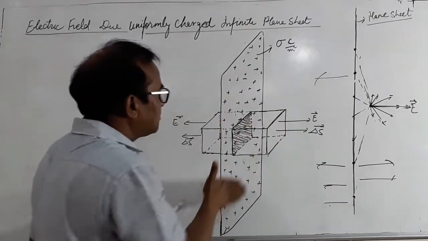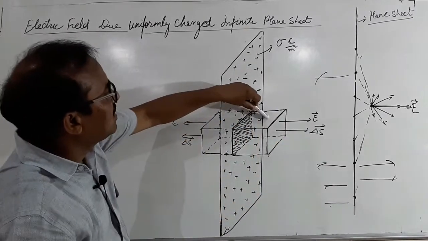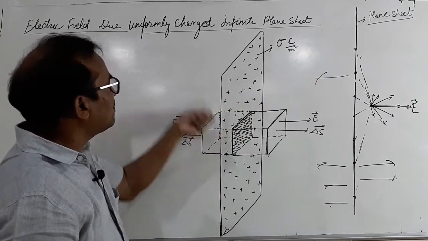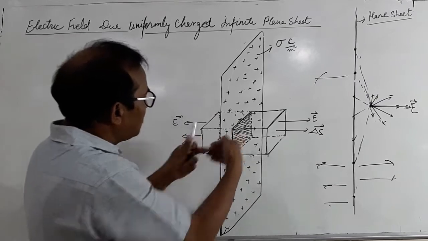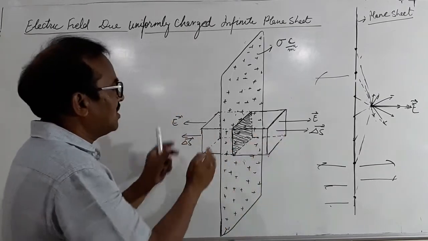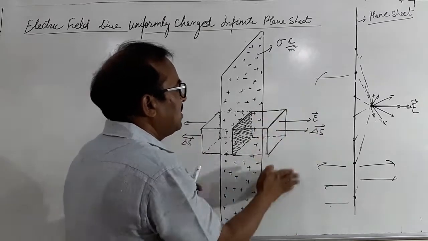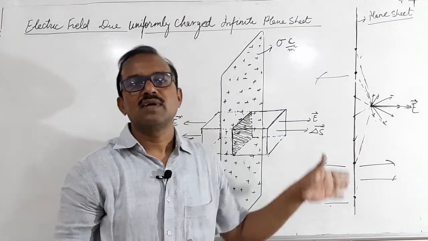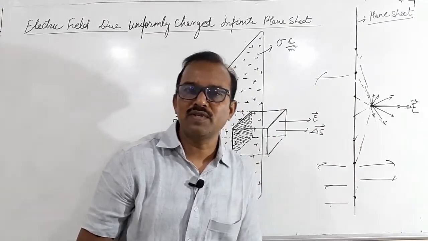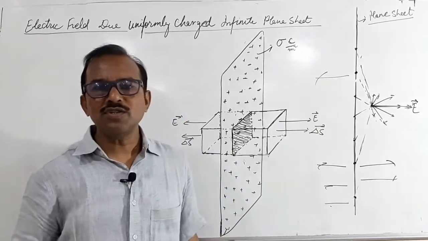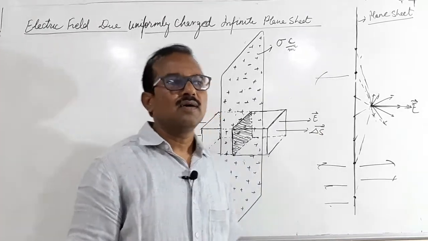There will be no electric field line coming out from the other faces. So electric field lines will be coming out of the faces which are parallel to the distribution, and it is easy to calculate the electric flux now.